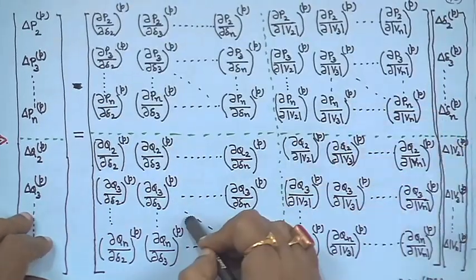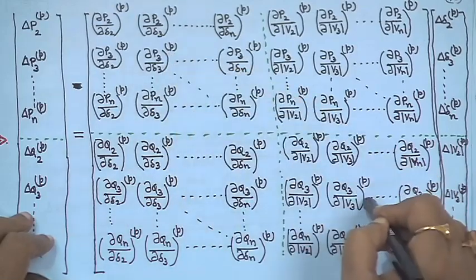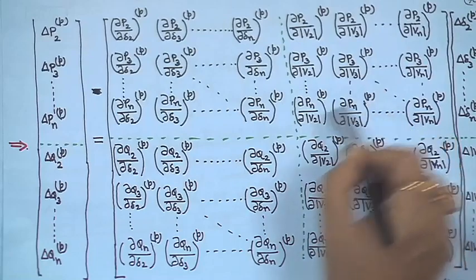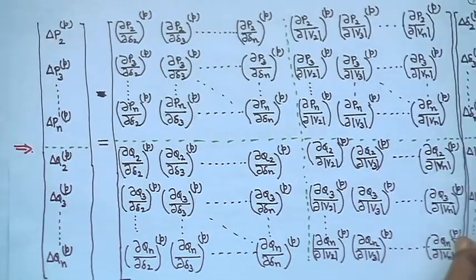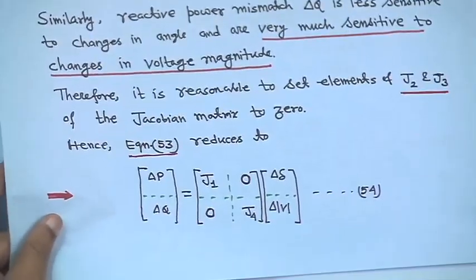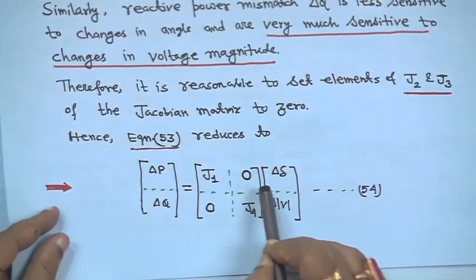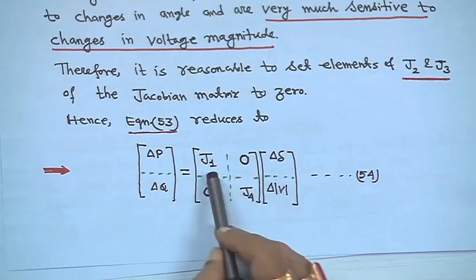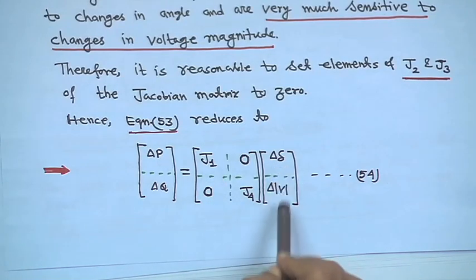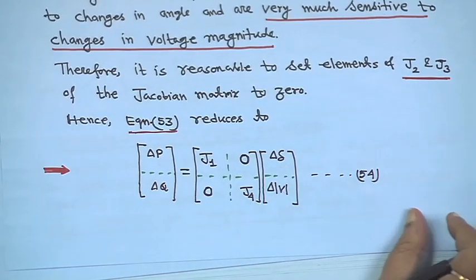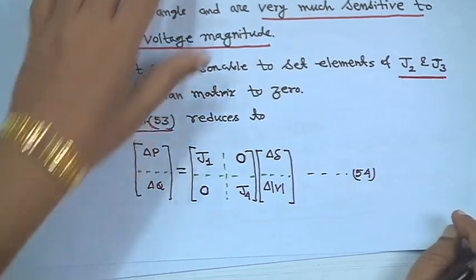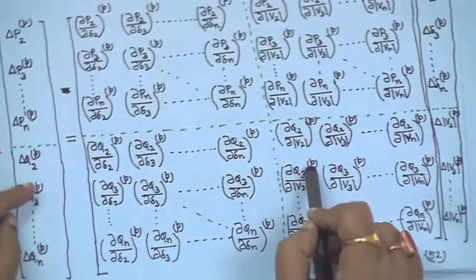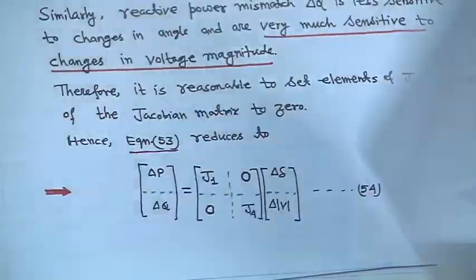This matrix we will not consider, but we will consider this one and this one. So, this is my J1, this is J2, this is J3, this is J4. That means J2 and J3 are set to 0. These two we will not consider, but J1 and J4 will be considered, because we want it decoupled, right. And if you consider this one, it is coupled, right.